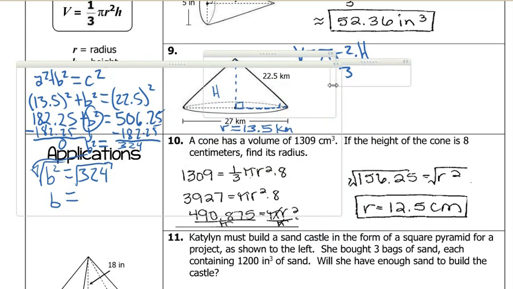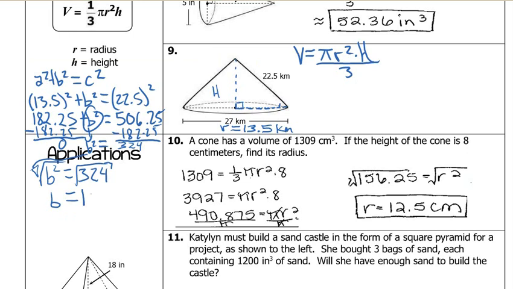So b equals 18. Now b, I set it equal to my height. So h, so this is my height of the cone. So these are the same. It's 18 kilometers. That's a big cone. 18 kilometers.